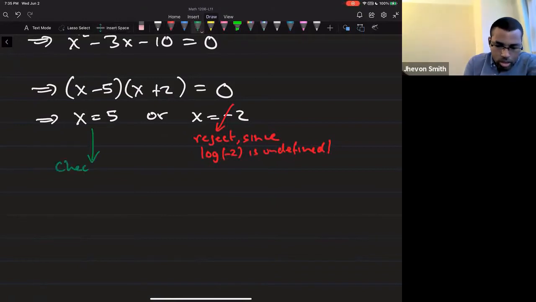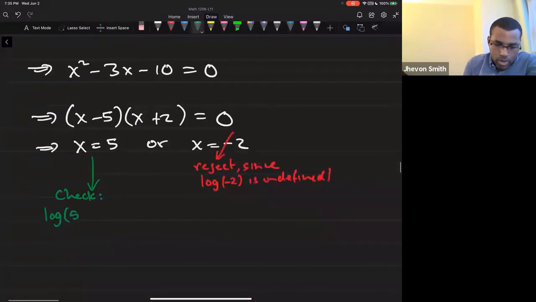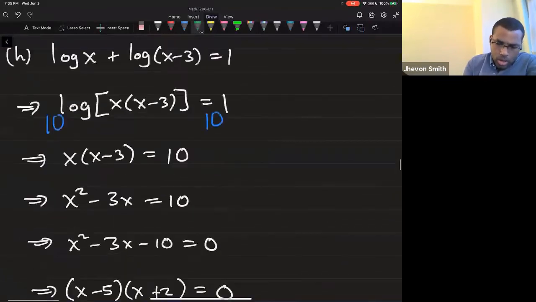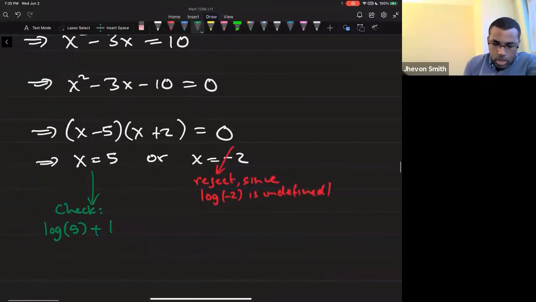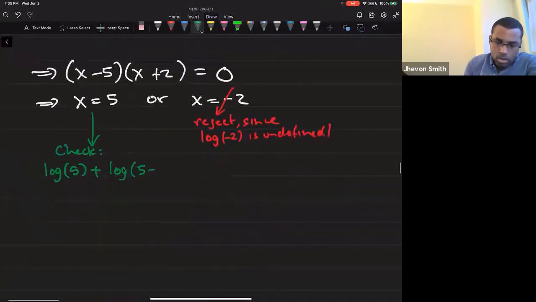Does this check out? Log of 5 plus log of 5 minus 3. Well, that'd be log of 5 plus log of 2.